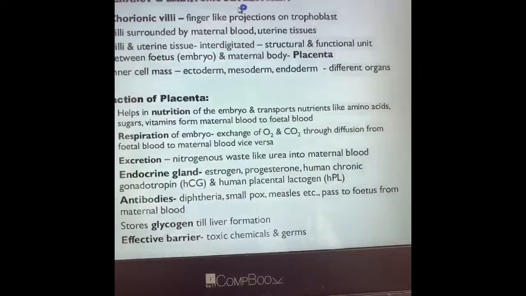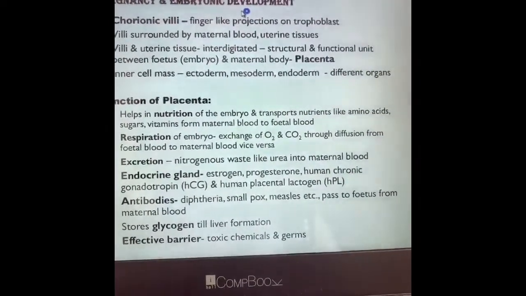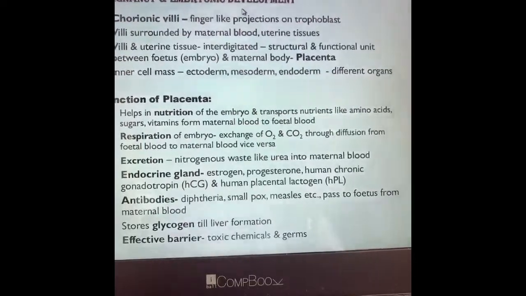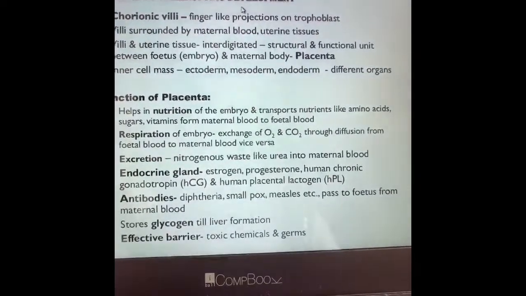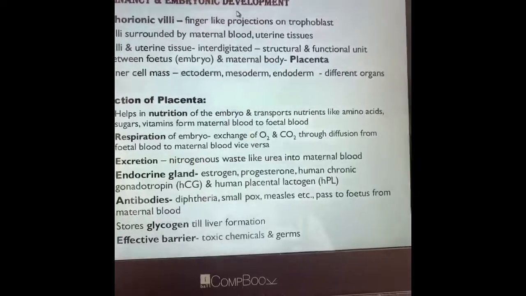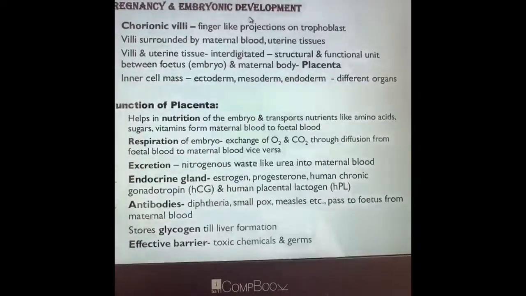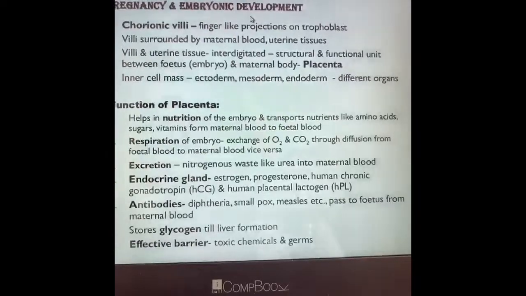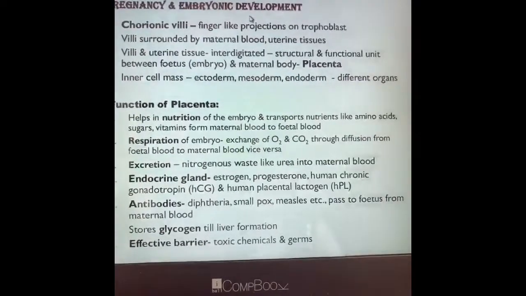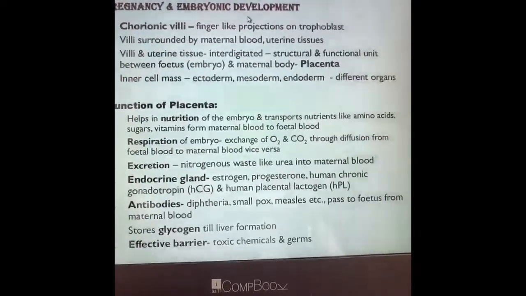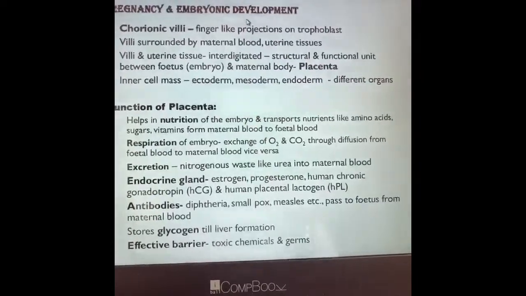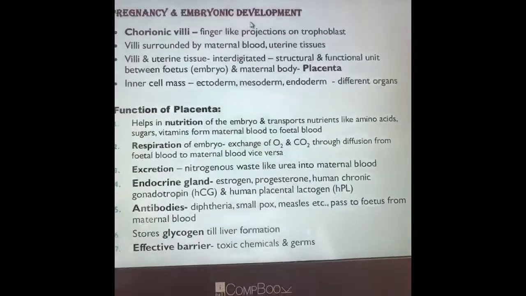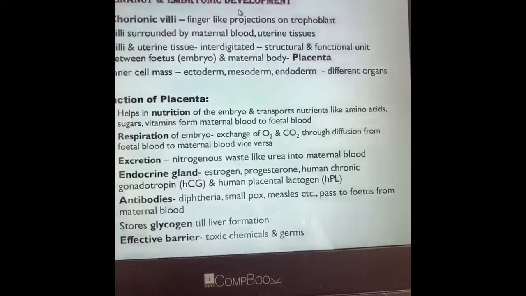They integrate structurally and functionally to form the fetus, and the maternal body is connected to the fetus with the help of placenta. The inner cell mass has 3 different layers: the ectoderm, mesoderm, and endoderm, which differentiate into various organs.